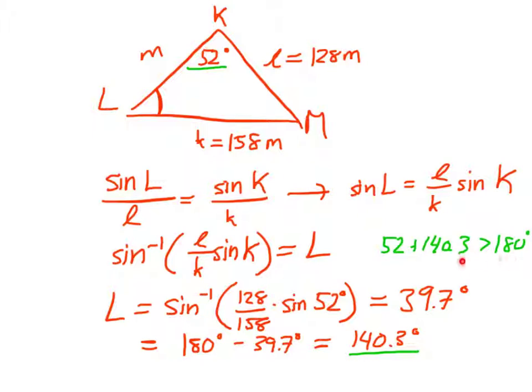It can't be more than 180 degrees. So therefore, this angle we can eliminate. And there's one true answer for angle L for this triangle. And now I know that this is the exact triangle I'm looking for. There's no ambiguity here. So always check your two angles and see if one of them can be eliminated because it doesn't fit with the other angles that were given.